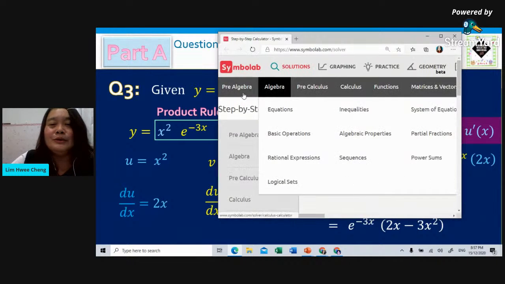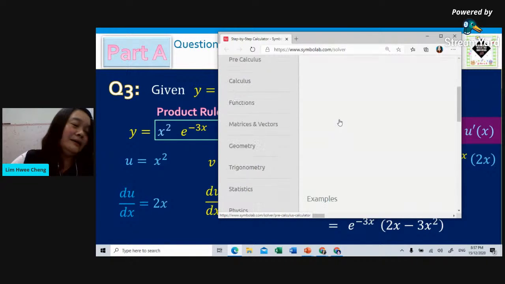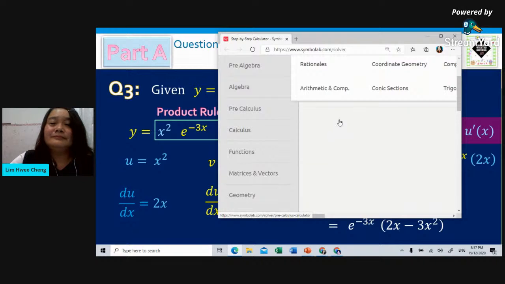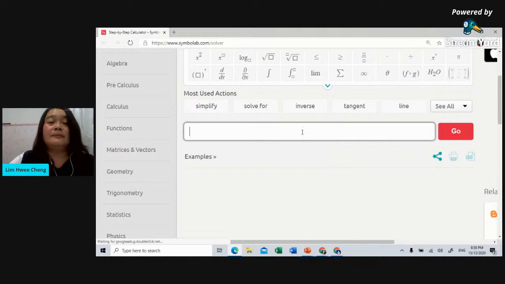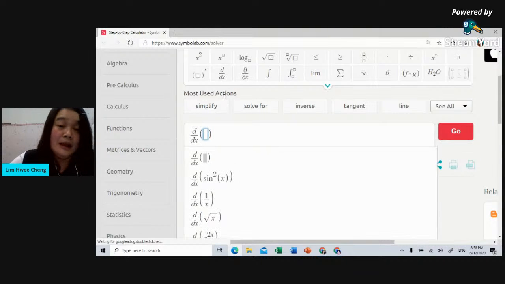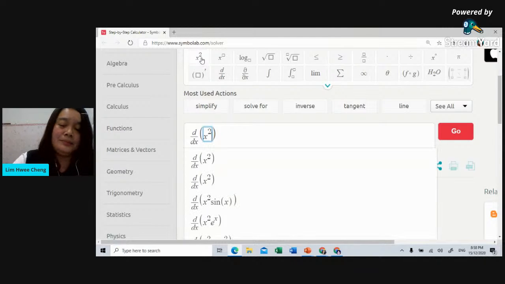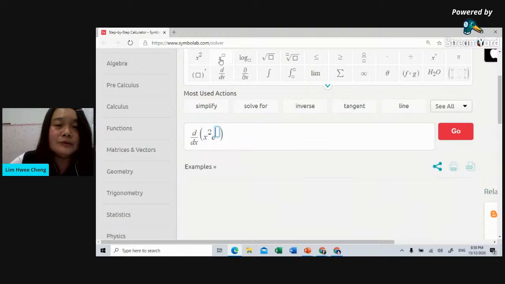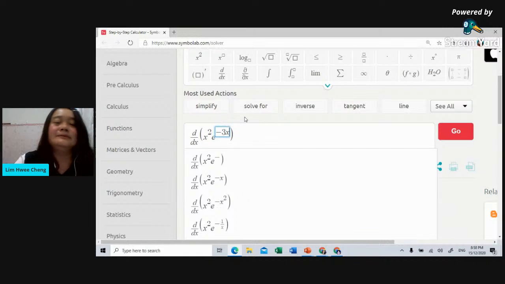Okay, so you go to the calculus again. Okay, you just type like this: x square and e to the power of, we press this button, to the power of minus 3x.